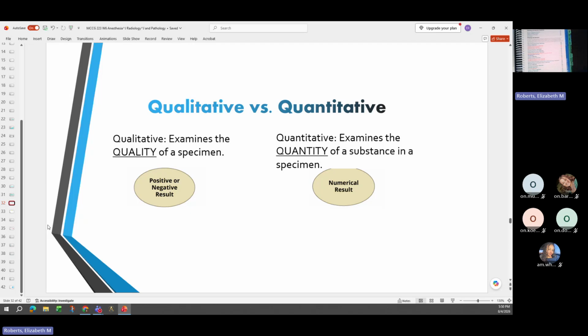I don't know if that example really holds up for drug tests, but the way you can tell the difference ultimately is whether the result is positive or negative, as in being qualitative. Is it contaminated? Yes or no? Does it have that substance? Yes or no? That's a qualitative exam. Quantitative gives us a numerical result. How much of said substance is in that patient's sample?